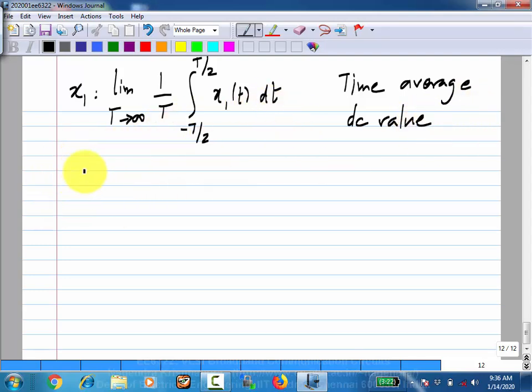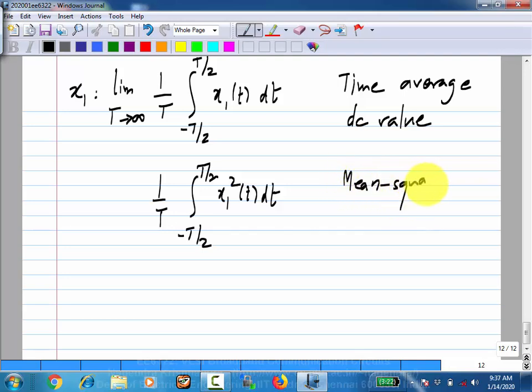Or you can also have the mean square value, which is okay. So these are measures that you would use for any signal that is varying with time. Okay.